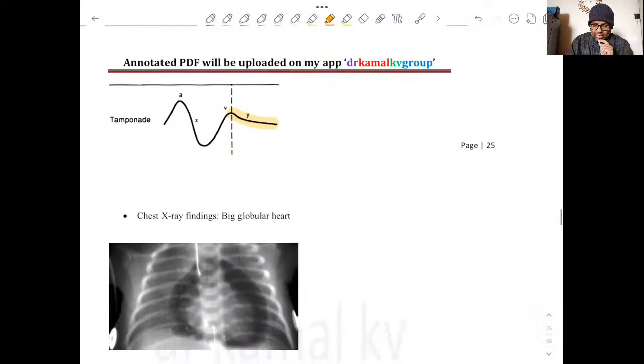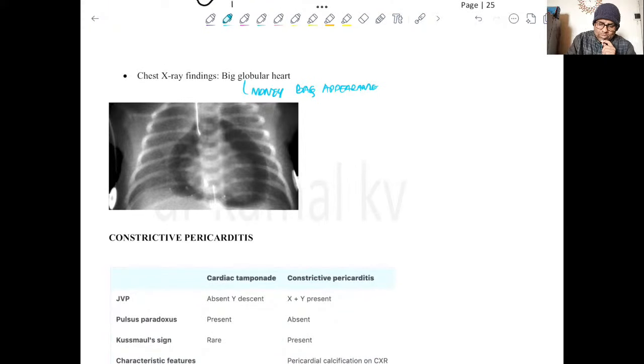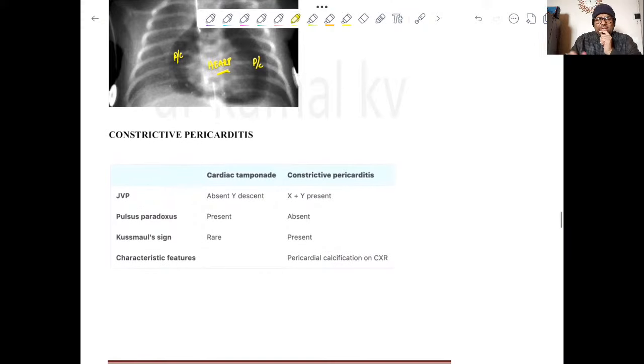So we will see a big globular heart, or you can also call it money bag appearance, clear. So this is all collection in the pericardial cavity, and this is the heart shadow, right?